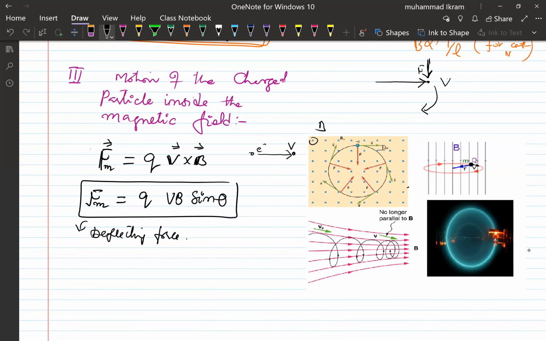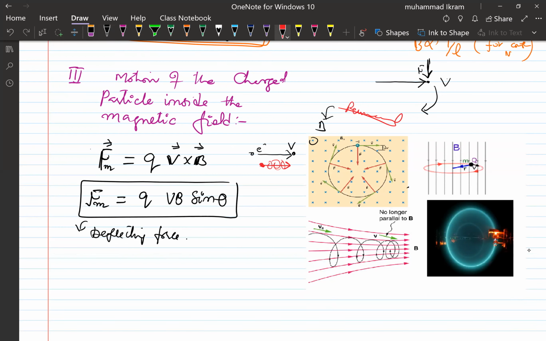Now, where does this force come from? Because you know there is a permanent magnet. This is a permanent magnetic field B, and as you know, when the charge moves, there is a magnetic field around this charged particle.